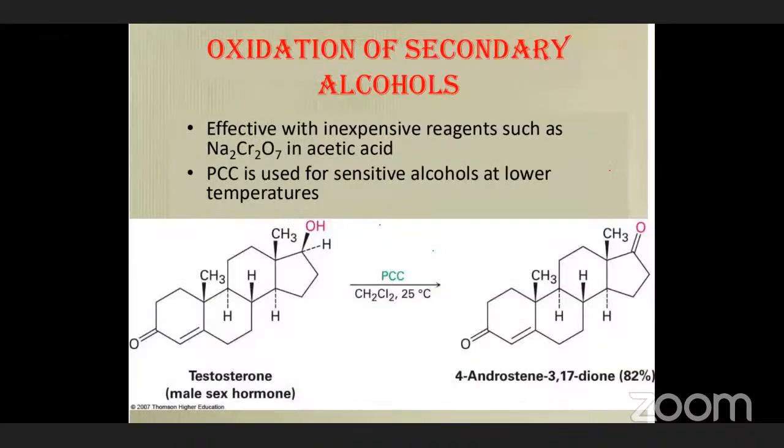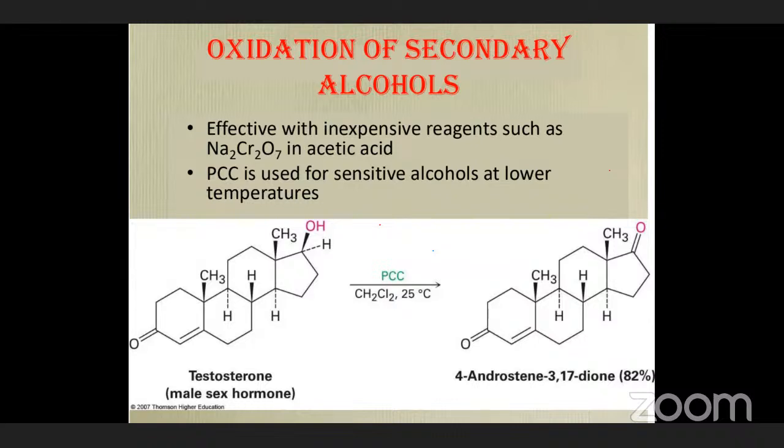So how about secondary alcohols? We've already learned that if you oxidize secondary alcohols, you will get ketones. We have seen that you can use the potassium dichromate and sulfuric acid combination to get that. Here we're meeting another one, sodium dichromate in acetic acid, and PCC can also be used.